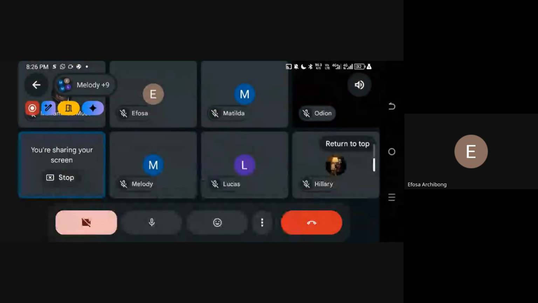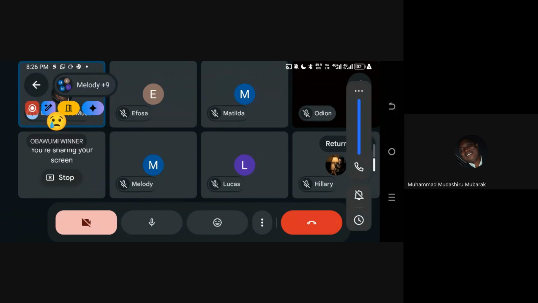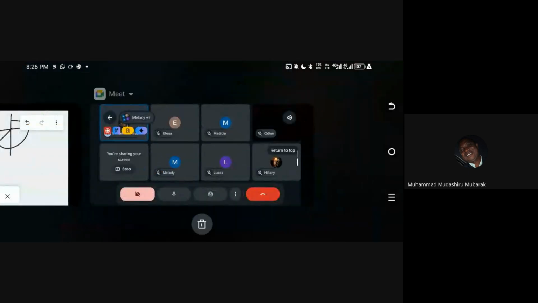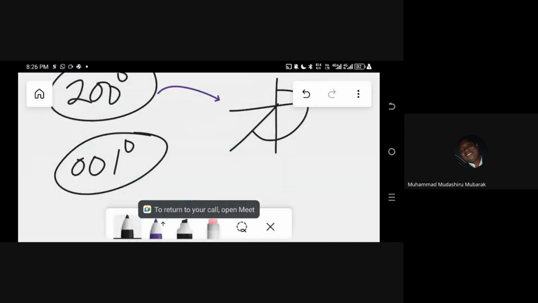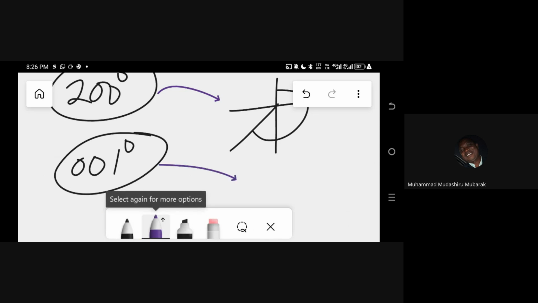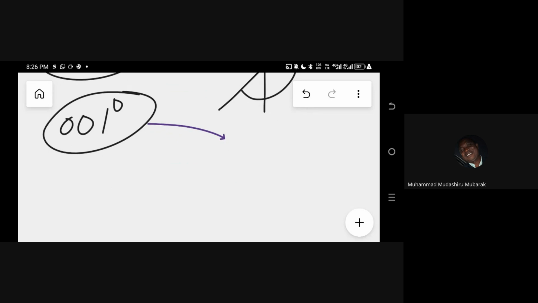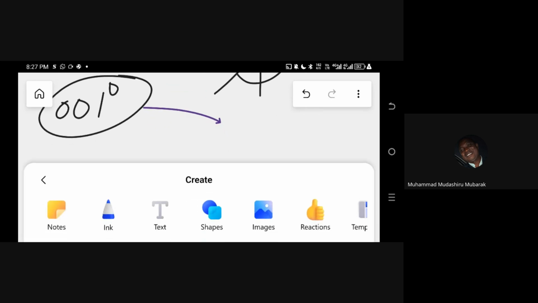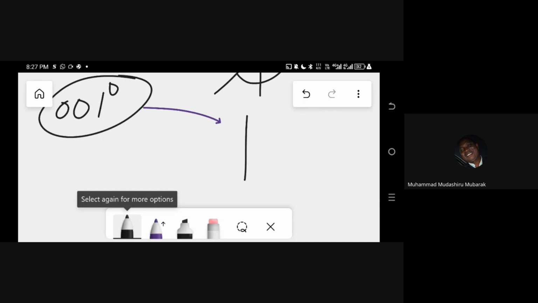Mubarak, is Mubarak still in the class? Yes, sir. Okay, Mubarak, we have 001 degrees. From what quadrant should we draw this line for 001 degrees? The first quadrant. Yes.